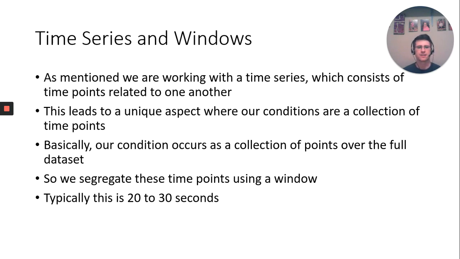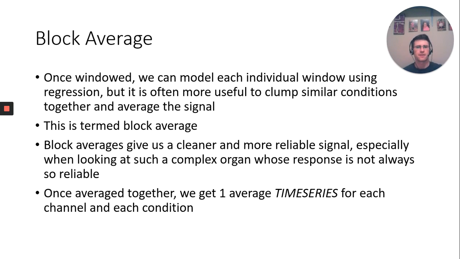In this case, our conditions are actually spans of time. We did a condition for 10 seconds, or we did a condition for 30 seconds. So normally you will actually use a window for that. Typically the window is about 20 or 30 seconds for fNIRS data. Of course, that can be very different depending on your application. So for our sake today, we're going to assume 20 to 30 seconds.